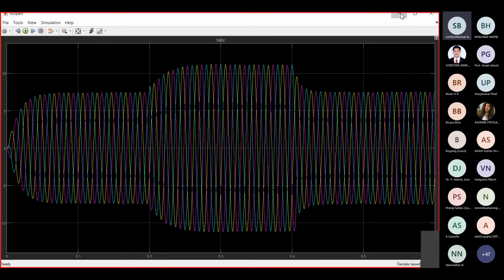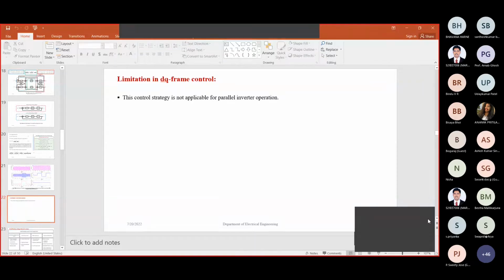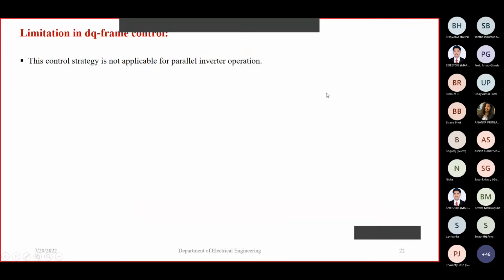Now I am sharing my slides again. The limitation in DQ frame control is that if we operate two inverters or n number of inverters, they don't know how to share the power accordingly.